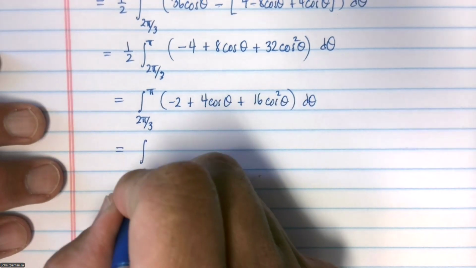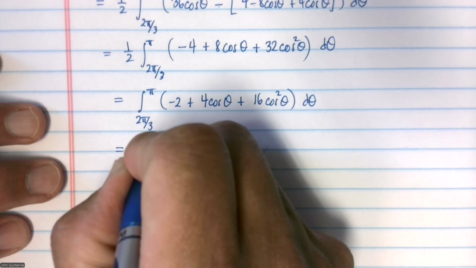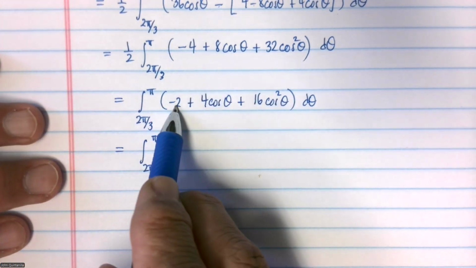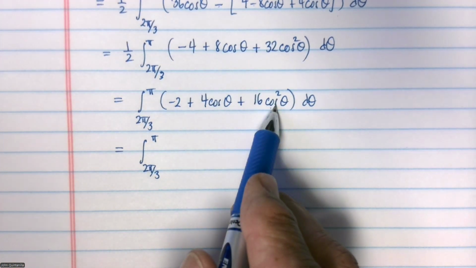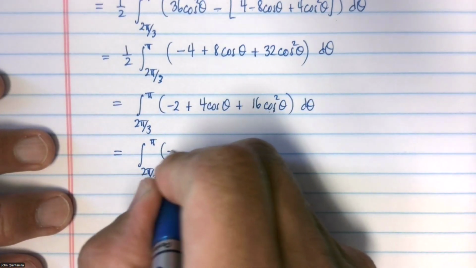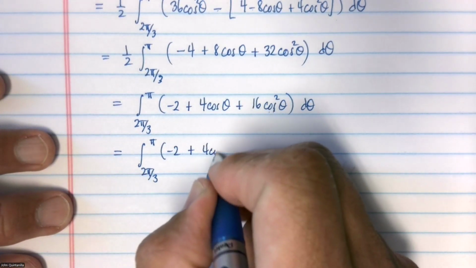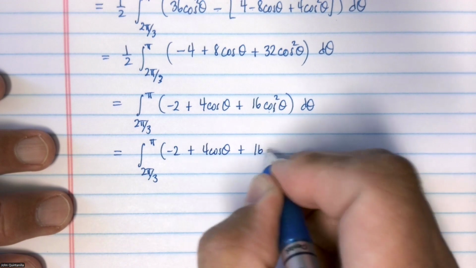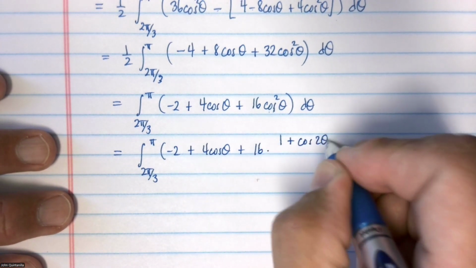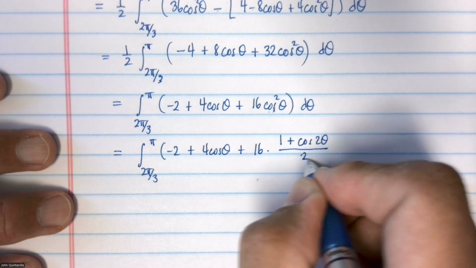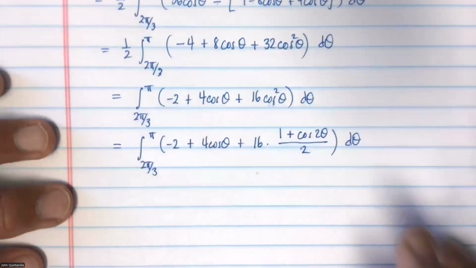Okay, so integral from 2 pi over 3 to pi. Now, I can integrate this. This one, I should do a trig identity before I integrate. So negative 2 plus 4 cosine theta plus 16 times, the trig identity is 1 plus cosine of 2 theta divided by 2, d theta.